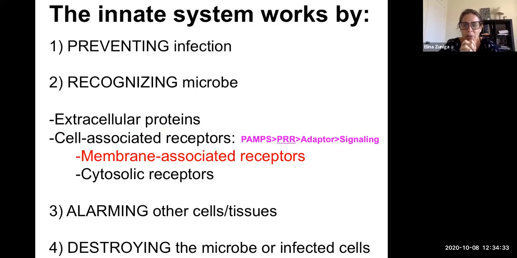So we talked about how the innate immune system can have different phases, preventing infection, and we were talking about recognizing the microbes in previous lectures.